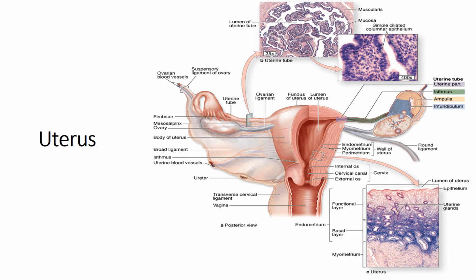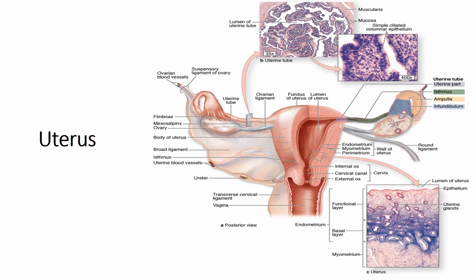Next, we will discuss the uterus. Now, because of the lateral attachment of the uterine tube, we can subdivide the uterus into various parts. The part just above the attachment of the uterine tube is known as the fundus.